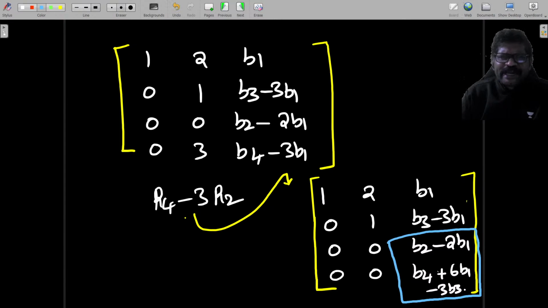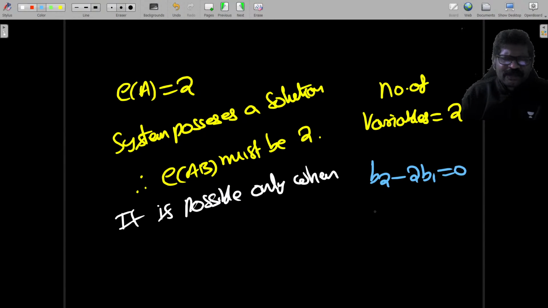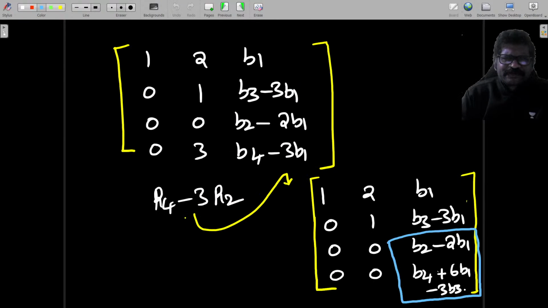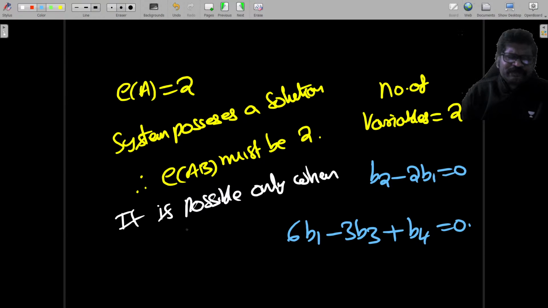So B2 minus 2B1 equal to 0, and 6B1 minus 3B3 plus B4 equal to 0.